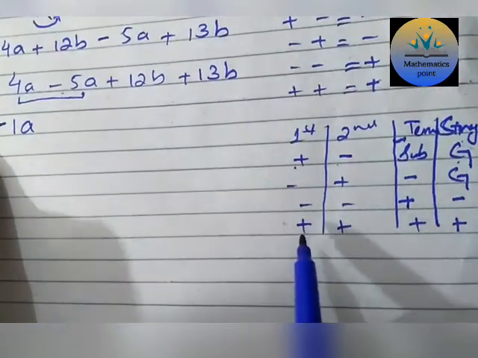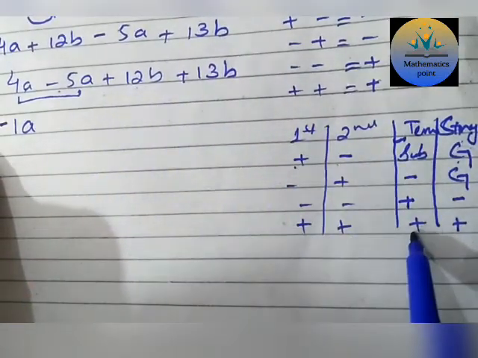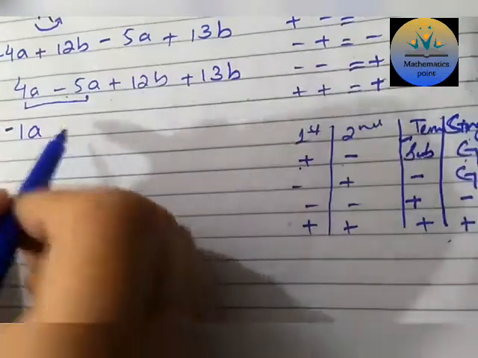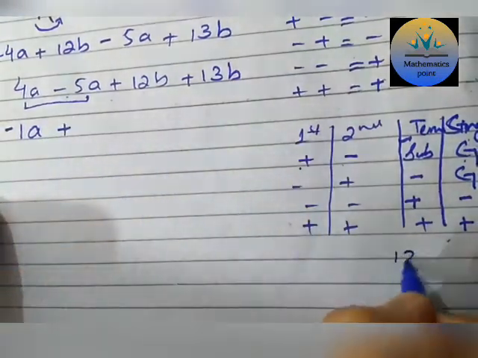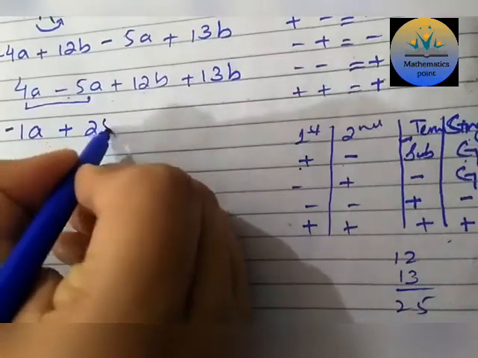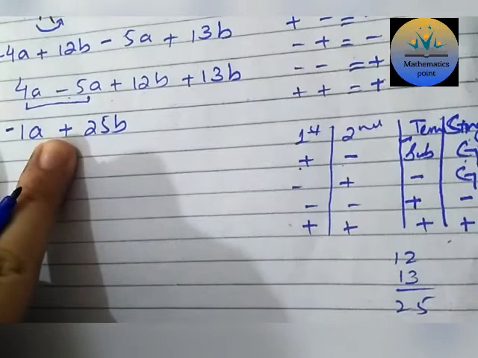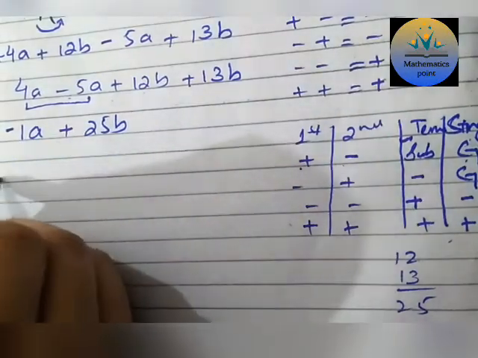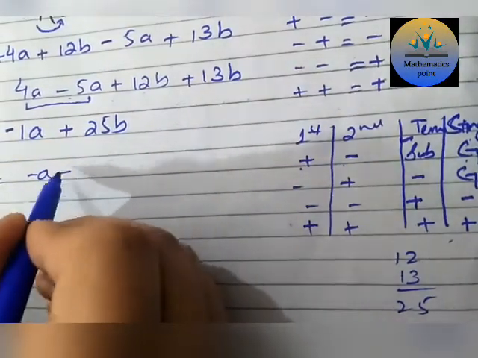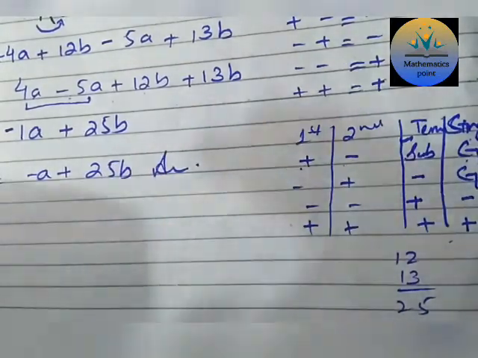Okay, now 12 and 13, both terms have the plus sign, plus plus terms will be added and the sign will be plus. Now add 12 and 13, 25b, and the sign will be plus, so I just write out the plus sign here. Now when you have the coefficient one, it is your own choice whether you want to write it or not, both are equal. So it is done with part E.